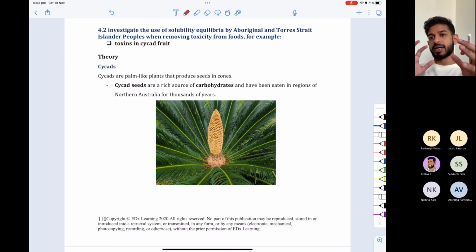The key point they're trying to get you to understand with this dot point is that the indigenous peoples used principles of chemistry in eating this cycad that we only discovered hundreds of years later after well-founded theories about ionic substances. So what you're doing in this dot point is applying chemical principles of equilibria to understand why the First Nations peoples used these certain techniques to eat the toxic cycad seeds.